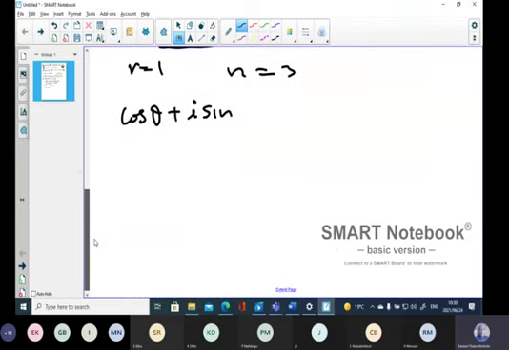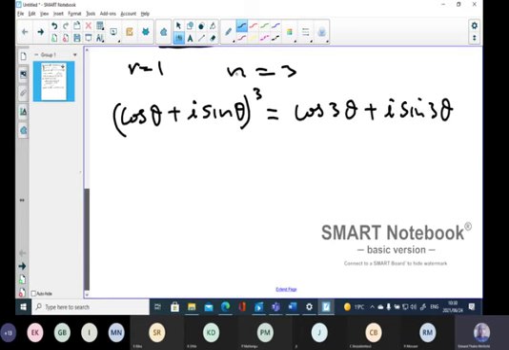Okay, now the main reason I'm doing this one is it's a little bit more complicated than that one. That one is straightforward. So this is to the power 3. So this will be equals to cos 3 theta plus I sine 3 theta. So what remains only here is for you to prove that the left hand side is equals to the right hand side.